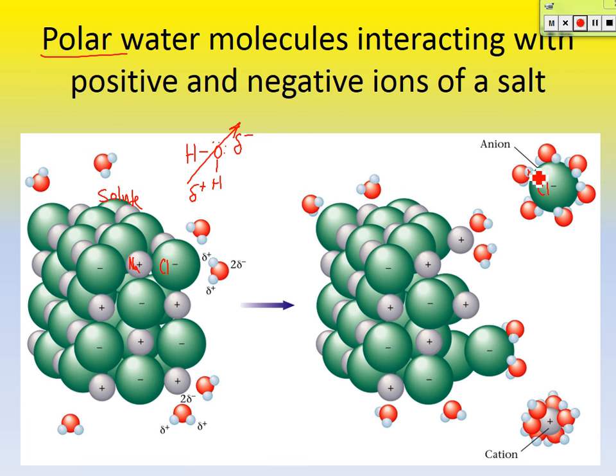These are the hydrogens here. The hydrogens, if you remember, are slightly positive. So the hydrogens, because they're positive, will surround the chlorine, which is negative. Remember, opposite charges are attracted to each other. And so the hydrogens face the chlorine.